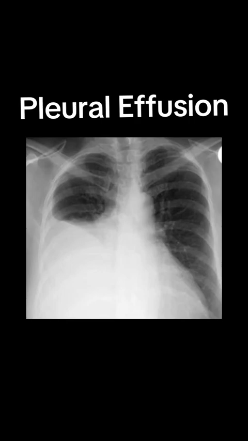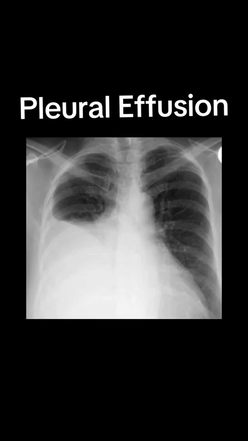Now what is transudative pleural effusion? We just discussed that it's due to differences in hydrostatic and oncotic pressure, which results in fluid movement across the visceral pleura into the pleural space, and the capillaries surrounding it.